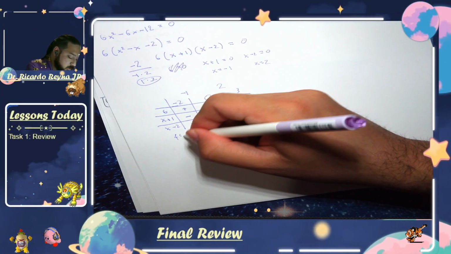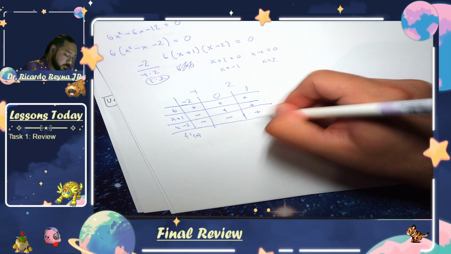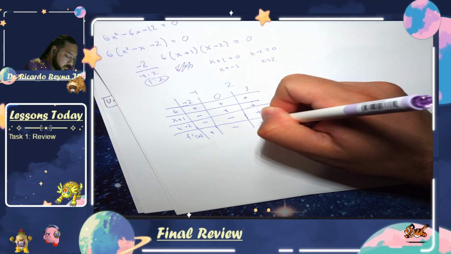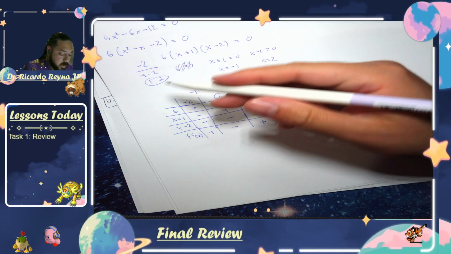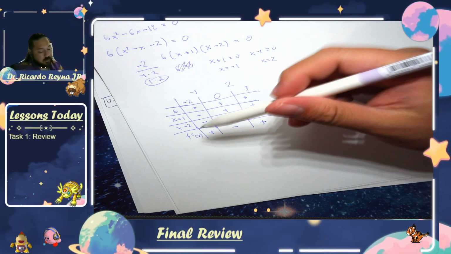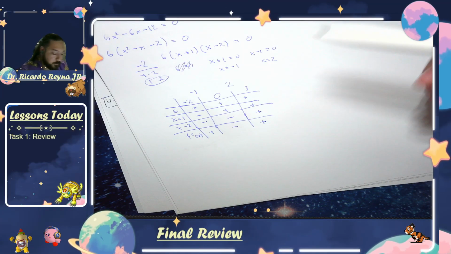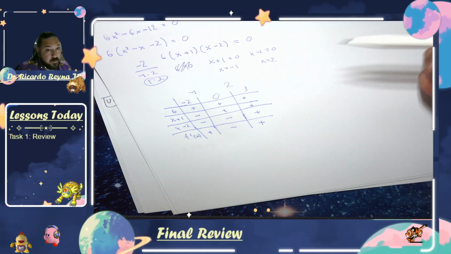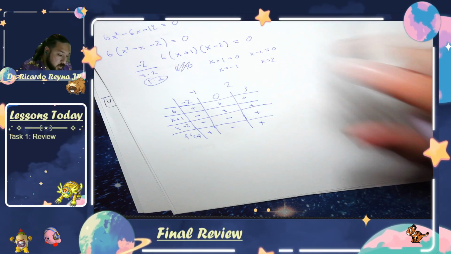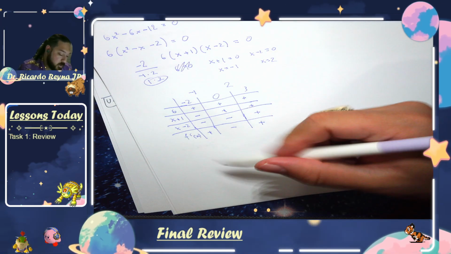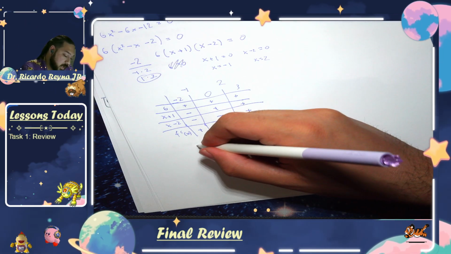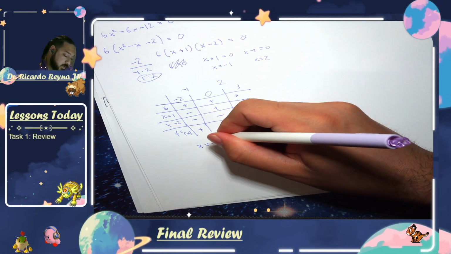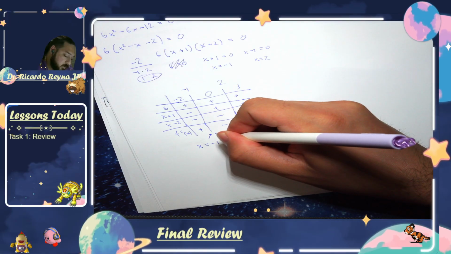So the function as a whole would be positive, negative, positive. So it probably means it's a sort of U shape that's occurring. Well, for the derivative, right? But for the original function, that means that x is equal to negative 1 because it goes from positive to negative.